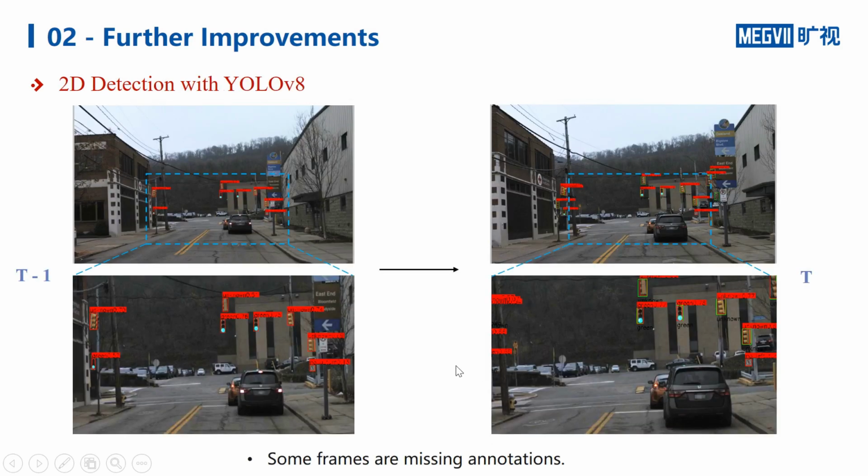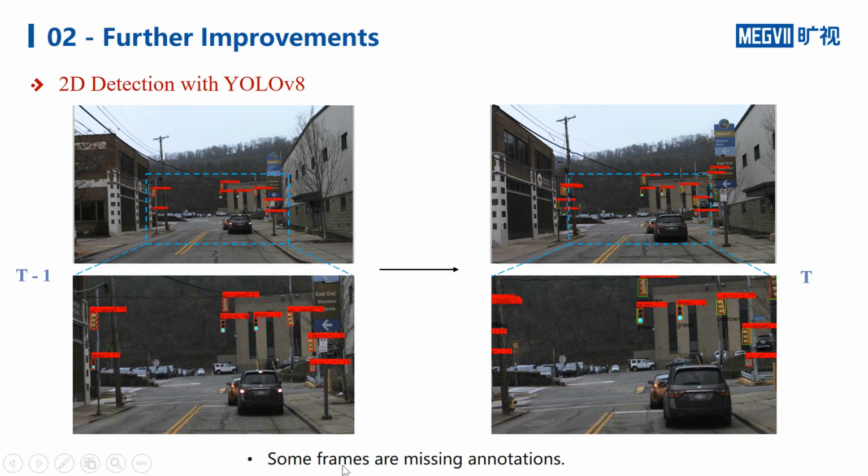For the detection of 2D traffic signs, we first perform a statistical analysis on the dataset. As illustrated in the figure above, green boxes represent ground truth, while red boxes indicate prediction results. We find that in consecutive frames within the dataset, some targets may not be annotated in the former frame, but are annotated in the latter frame.